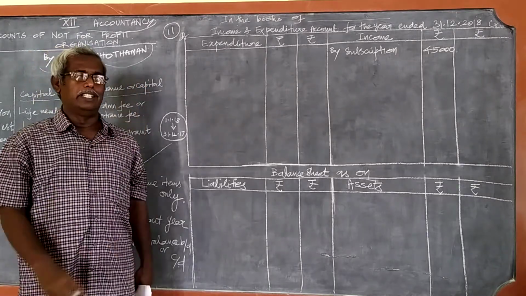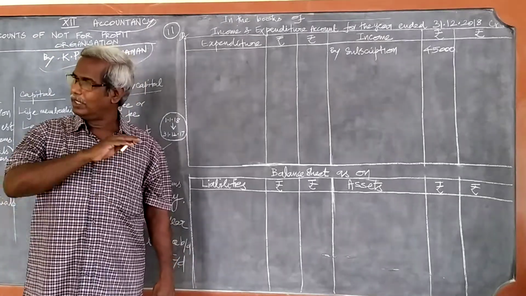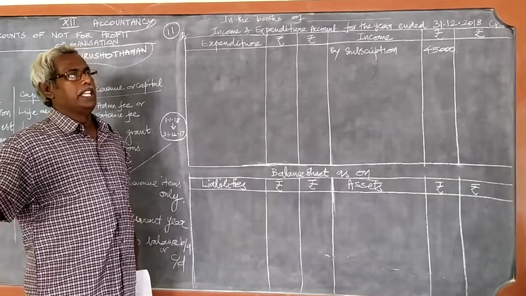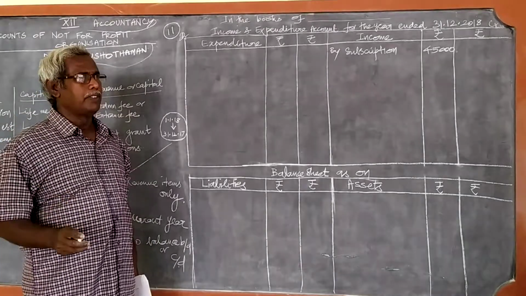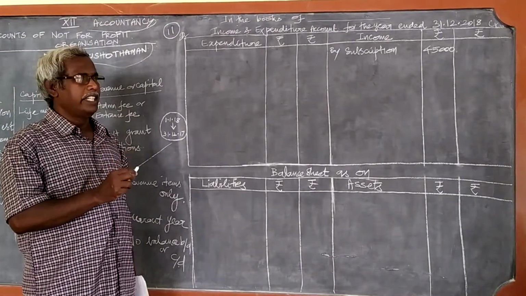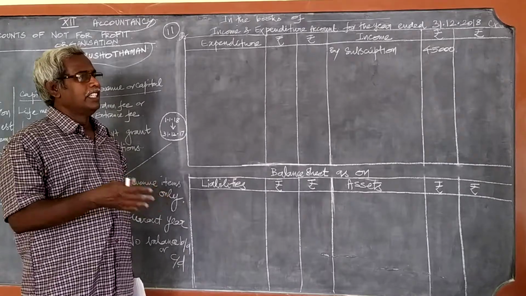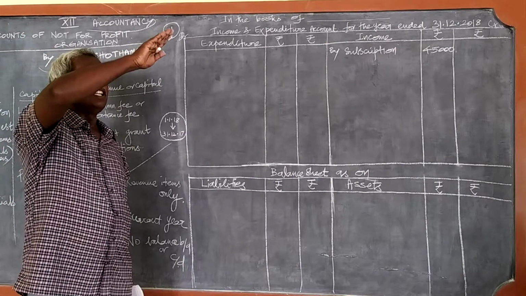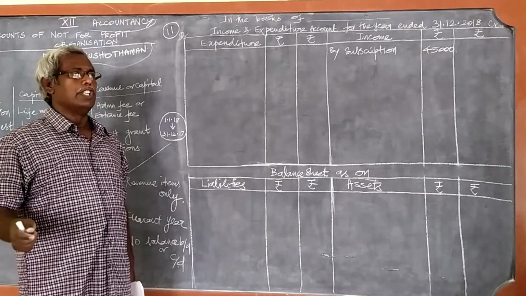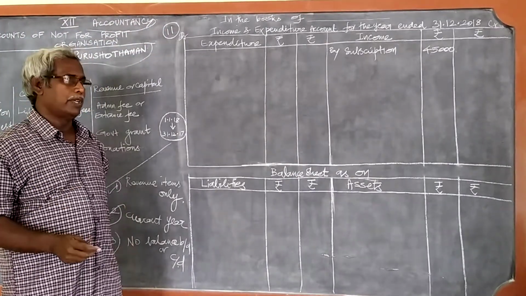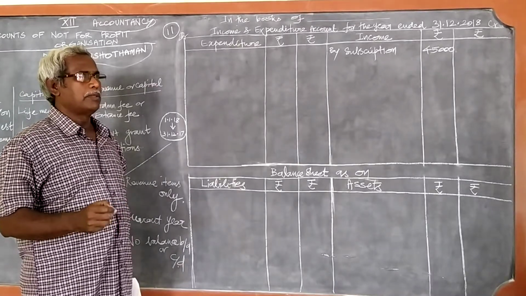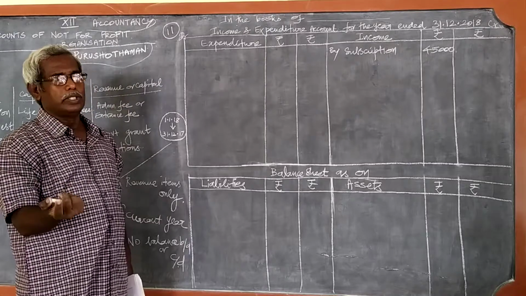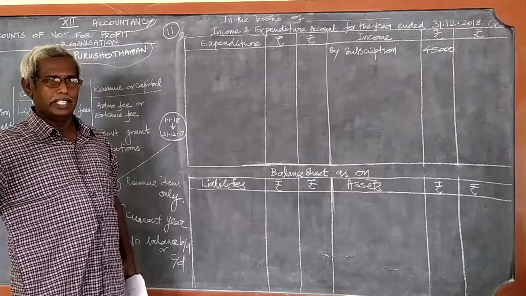But for 17, no. But for 19, no. So if there is any amount left for 2018, we should add. If it is any amount connected with 17 or 19, we should less. This is important. 18 சம்பந்தமானதா இருந்ததுன்னா ஆட் பண்ணிக்கணும். 17 19 இருந்ததுன்னா we should minus, that is less.